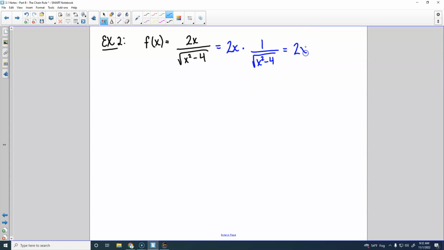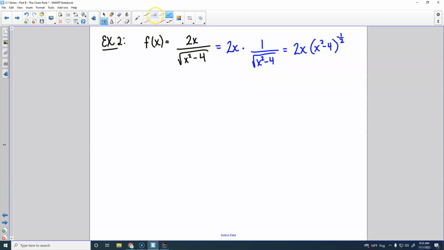So if I write this as 2x times x squared minus 4 to the negative 1/2, then now I do not have to use quotient rule. I do have to use product rule. If you don't use product rule, you get it terribly wrong. But I could use product rule instead of quotient rule. So, again, quotient rule works fine. We could do this basically like we did the last problem.